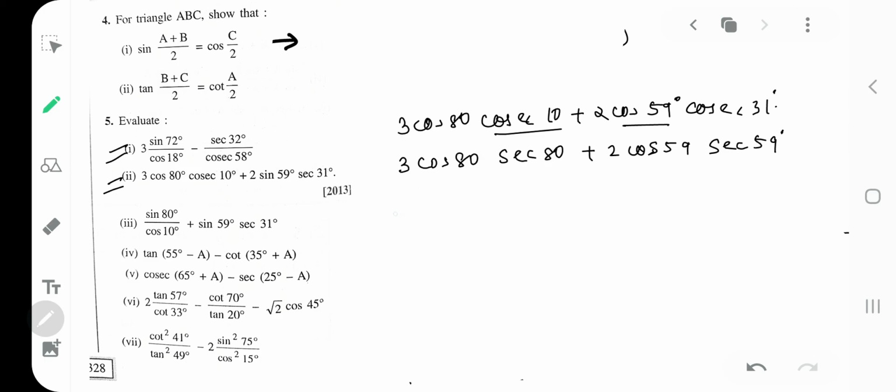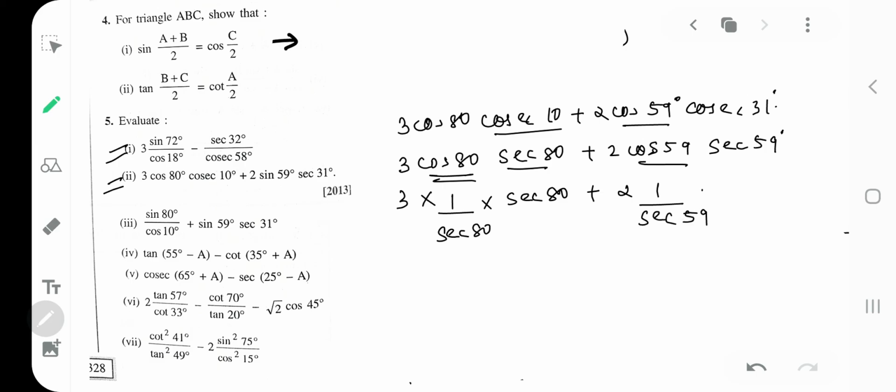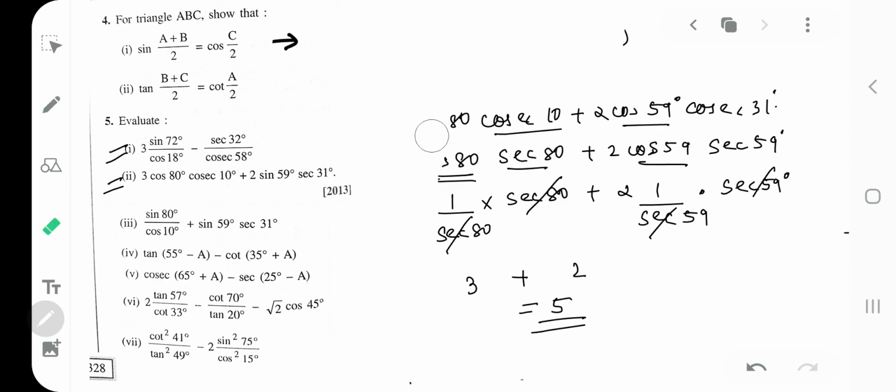So my dear kids, for cos 80, can I write 1 upon sec 80? And this sec 80, I'll take it down. Cos 59, can I write 1 upon sec 59? And this sec 59, I'll keep it as it is. This can be cut off. So your answer will be 3 plus 2, that is 5. Clear?